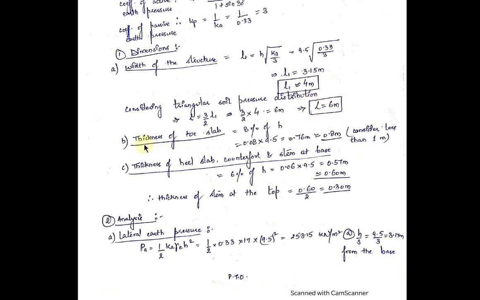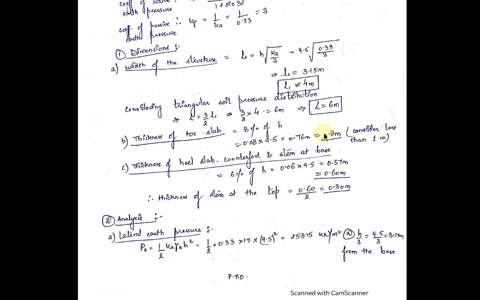Now, the second dimension is the thickness of the toe slab. See, we take the thickness of the toe slab as 8% of the total height of the retaining wall. So 8% means 0.08 times total height 9.5. So you will get 0.76 meters. Here also you can take the actual value, or you can increase this value to the next nearby value.